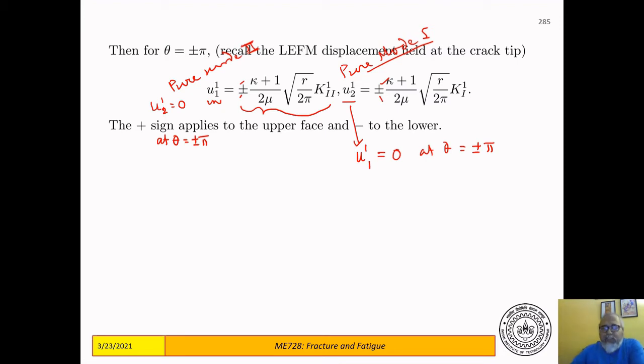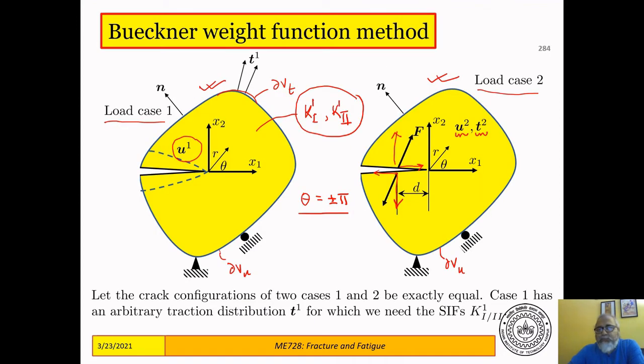So the displacements in the first problem, at least close to the tip of the crack, are known in terms of the K_1 and K_2 that we intend to find.